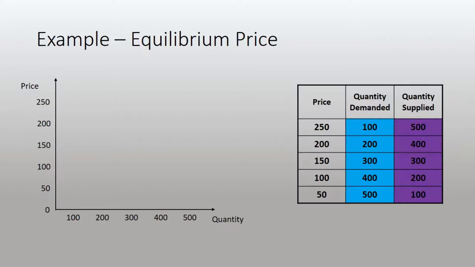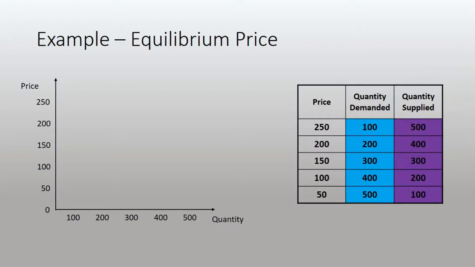We are going to put our demand and supply on this same set of axes to determine the price of this specific product. So we go ahead and we put the points down for each demand and supply.